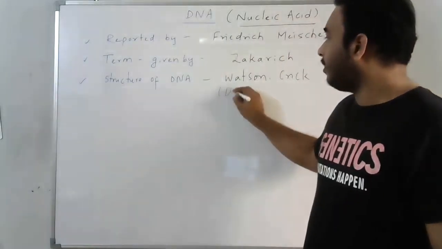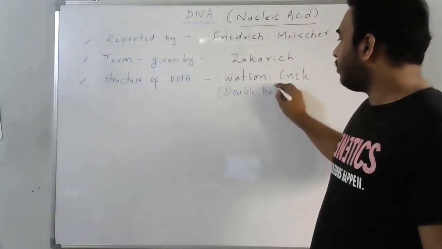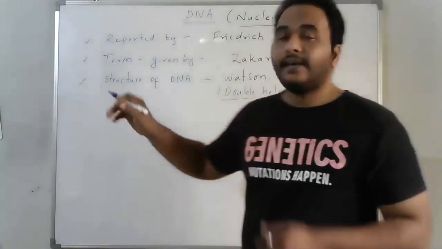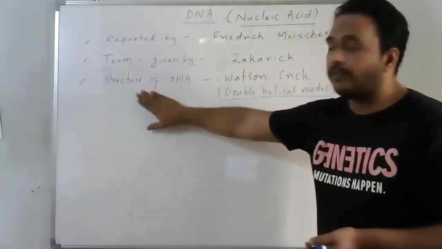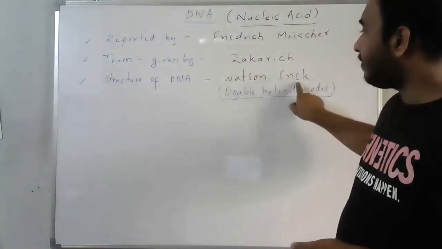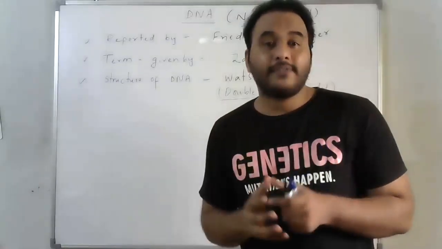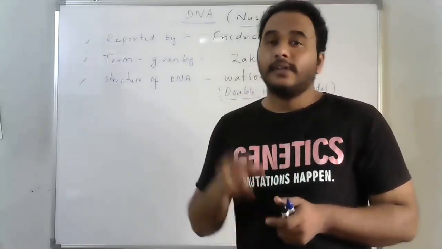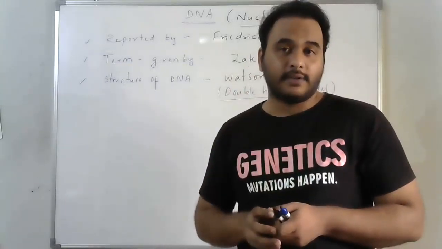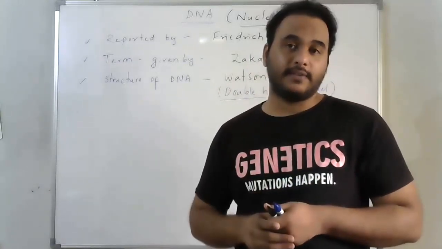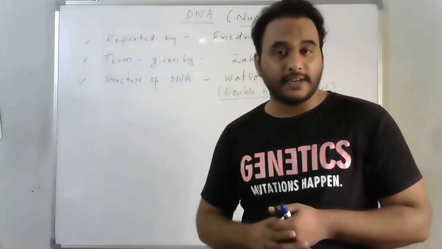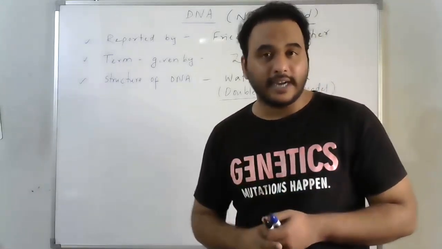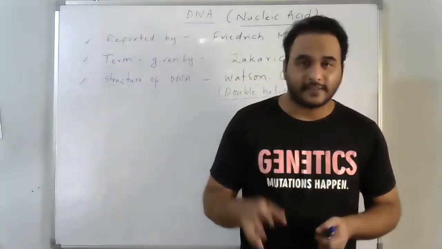This demonstration of the structure of DNA by Watson and Crick was based on the data collected from Wilkins and Franklin, who conducted X-ray diffraction to understand the structure of DNA.